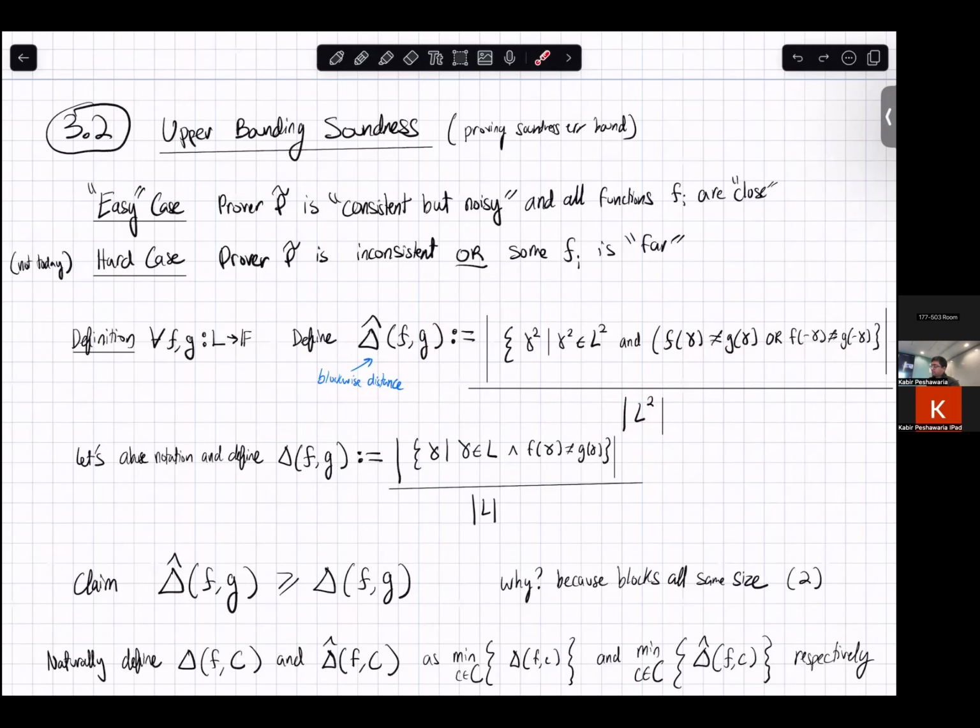So f is from L to F, but I actually turn this into something from L squared to F. Basically, did I have an error in any of my pre-images in the 2-to-1 map is one way to think about it.